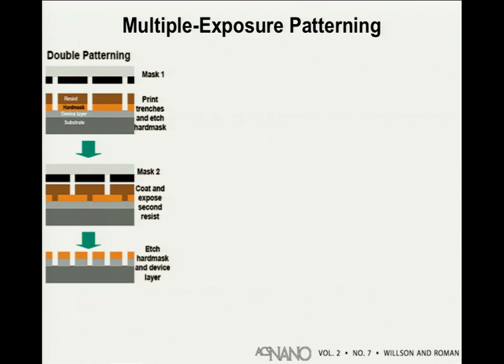So another approach is to use multiple exposure patterning, and this is where polymer chemistry can really help out the system. So what is normally done to beat the diffraction limit is to take two different resist films. So you coat one resist film.